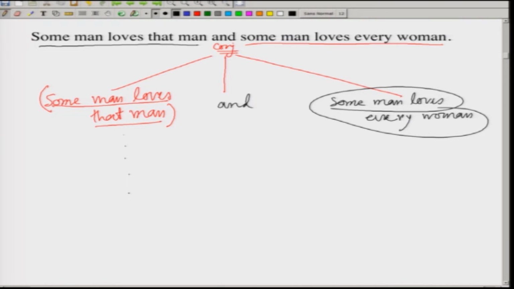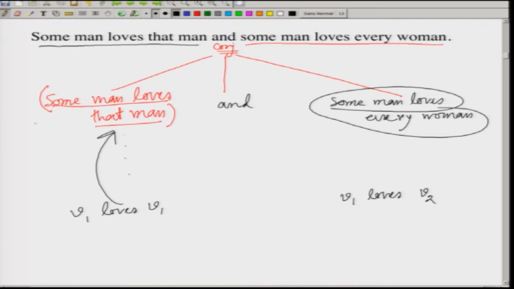So basically this will come from V1 loves V1, and the combination, we know the combination rules. I am not repeating everything, and then this will be derived, and this is a different derivation. This will be derived from V1 loves V2. Now the point is, this V1 and this V1 are not the same thing.